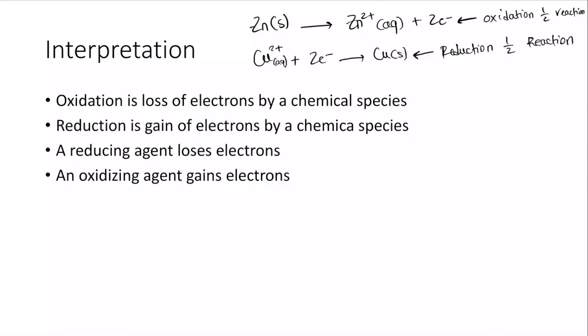Why is it called half? Because, as I've mentioned before, the reaction usually occurs simultaneously, so the overall reaction is, we delete these 2 electrons from here, and we delete from here the 2 electrons, so it becomes Zn as a solid plus Cu2+ as an aqueous, giving us Cu as a solid plus Zn2+ as an aqueous.